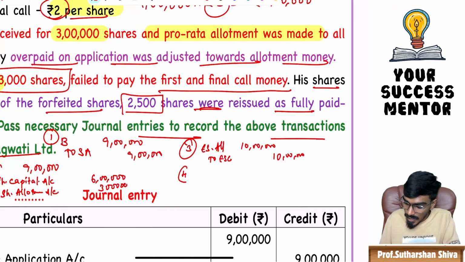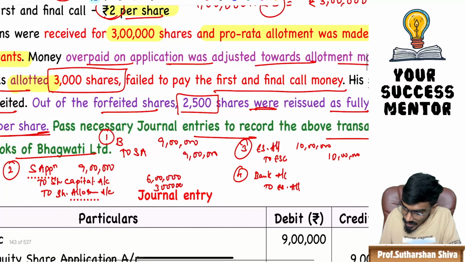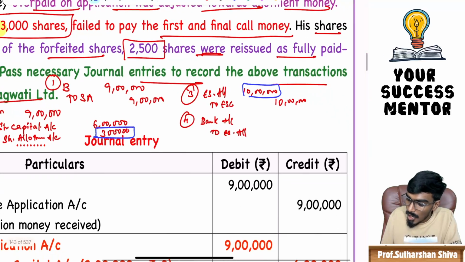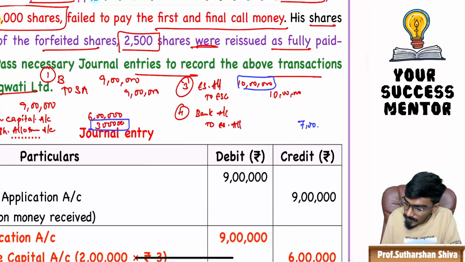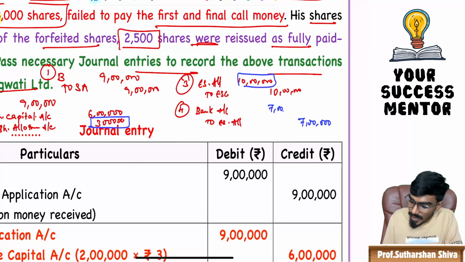But at the time of making payment, bank account to equity share allotment, I cannot ask for all the 10 lakh, because my 3 lakh has been credited, 10 lakh has been debited. How much is actually due? 7 lakhs. They clearly say all the persons are paying correctly.